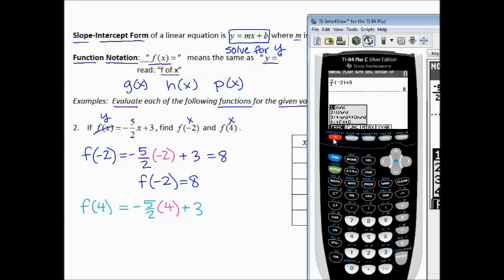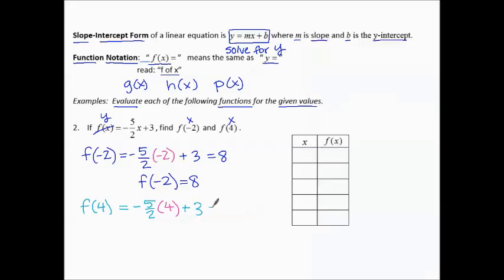Alpha, y equals, enter, negative 5 over 2, parentheses, 4, plus 3. Negative 7. So I write f of 4 is equal to negative 7. The value of y when x is 4 is negative 7.